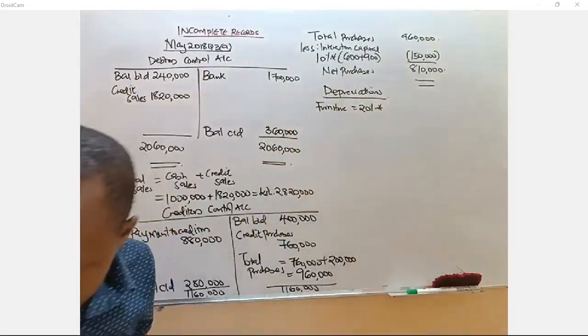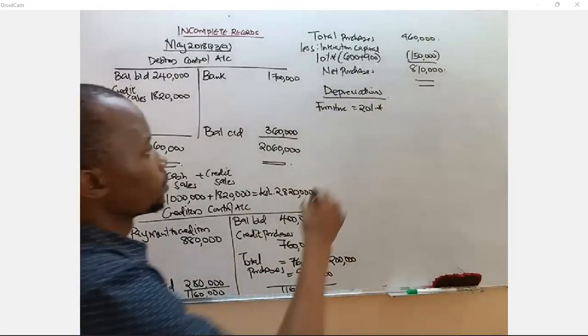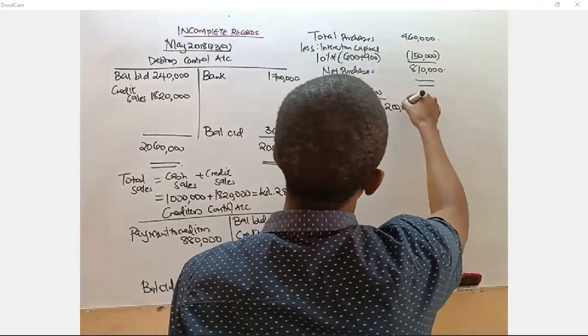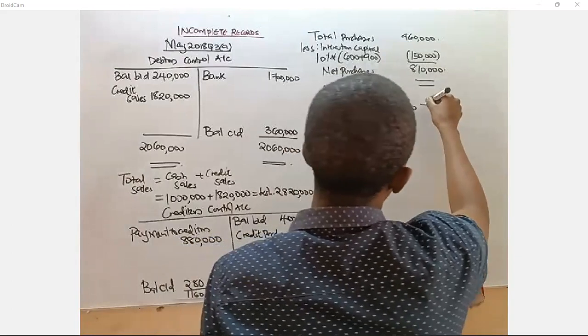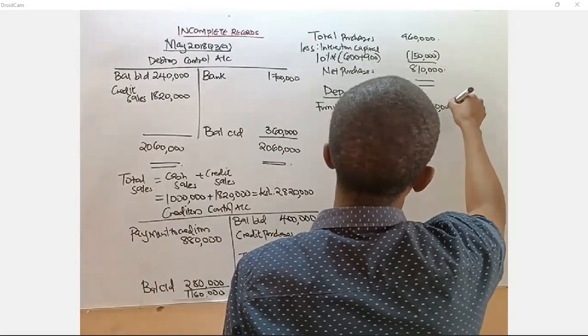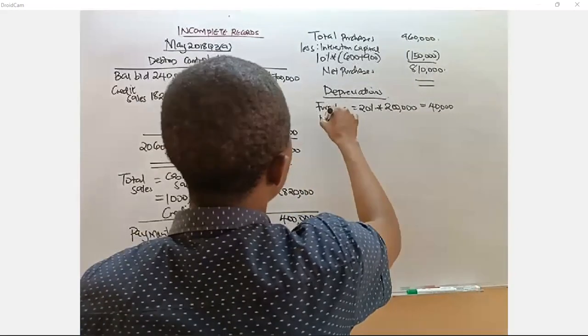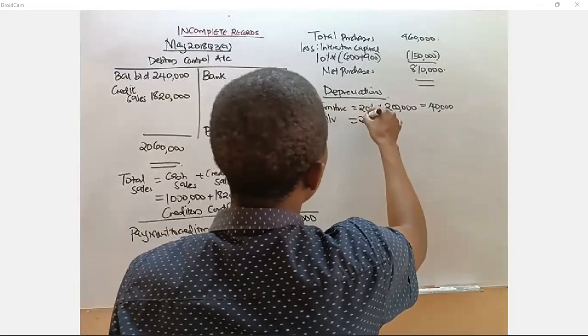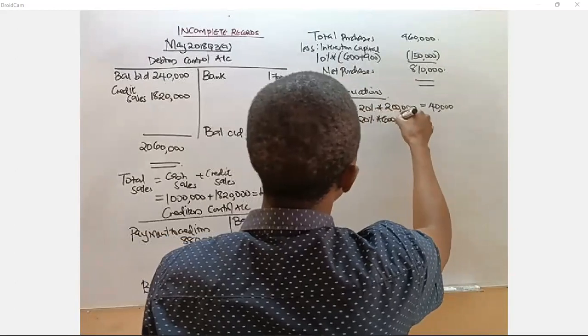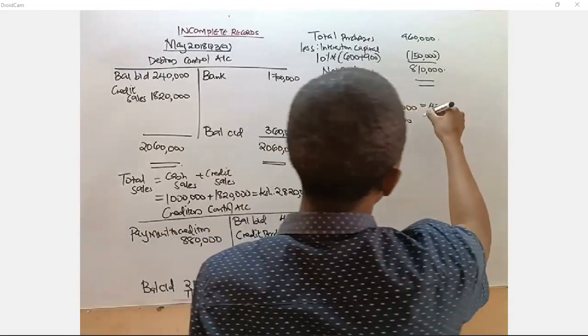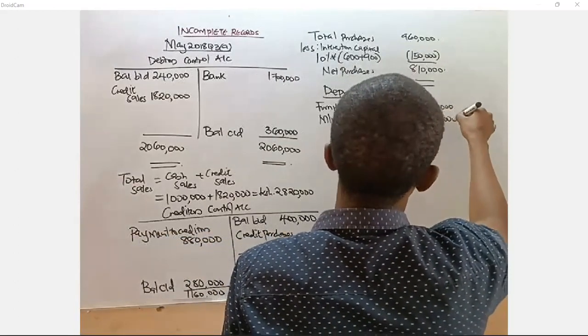The 20% of 200,000, I think we should be getting 40,000. Let us look on any other asset which you were able to purchase. I can see we also purchased a motor vehicle of 600,000, 20% of 600,000, right? We should be getting around 120,000.